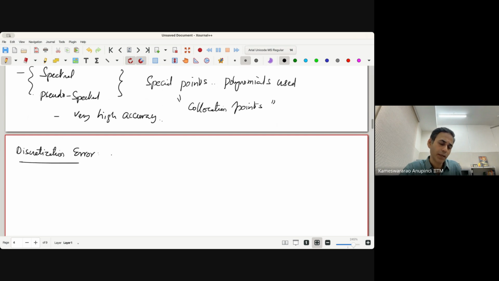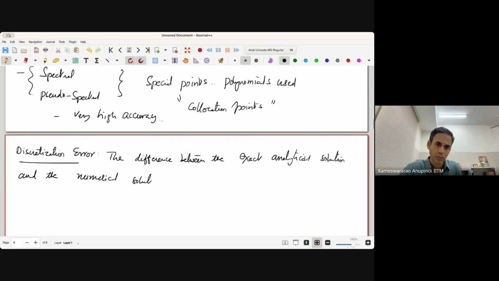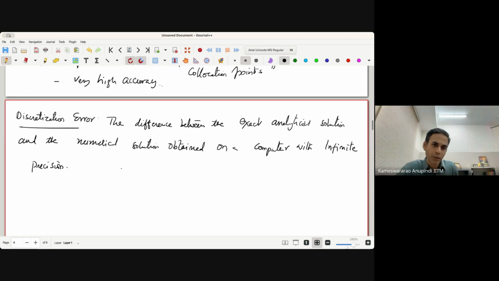So this error is basically the difference between the exact analytical solution and the numerical solution that is obtained on a computer with infinite precision.